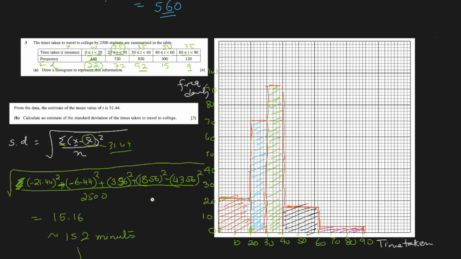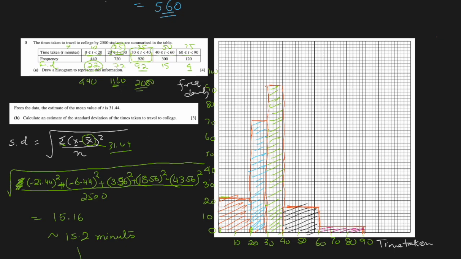So let's see where we are reaching 1875. 440 in cumulative frequency. 440 remains 440. Now I include 440 and 720. 1160 will become the total of the two. That means we have not reached 1875 yet. 920 will be added to this. So 920 will make it 2080. 2080, and yes, 1875 is somewhere in this particular column.